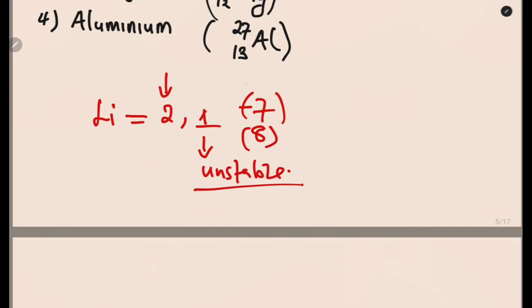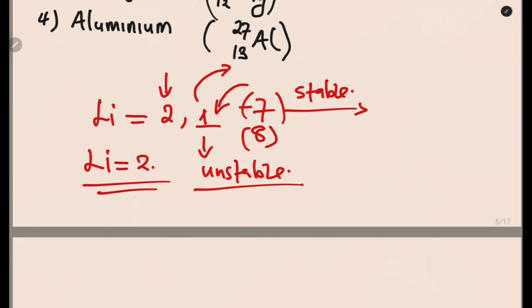So lithium can gain the 7 electrons that are missing from somewhere and become stable. Or it loses this 1 electron, which means the configuration of lithium is just going to be 2.